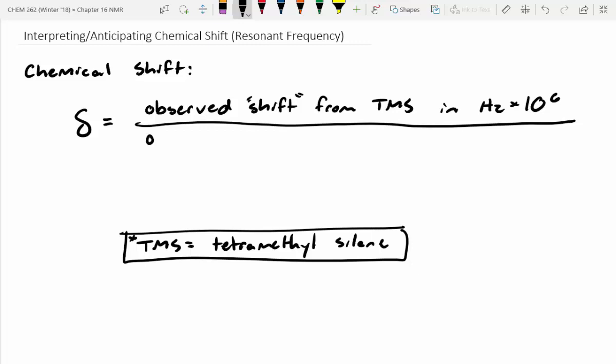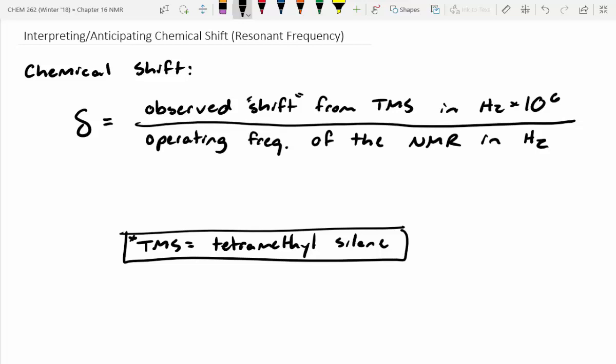And then the other half of this equation is the operating frequency of your NMR, in hertz. NMRs vary a lot. So for example, the NMR that we use is 60 megahertz, so that would go on the denominator side. There are NMRs that go all the way up to 1.2 gigahertz.